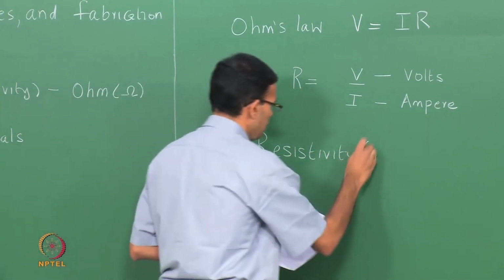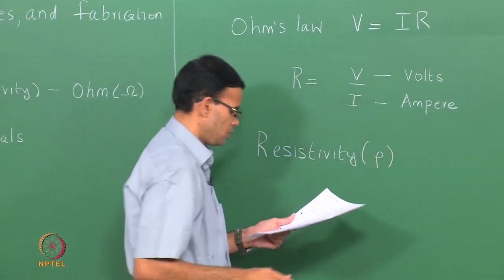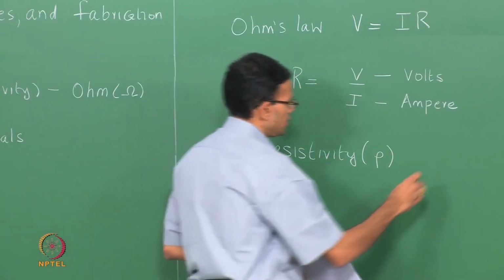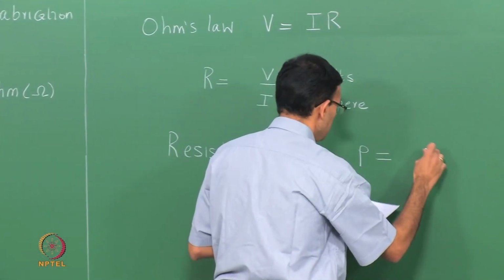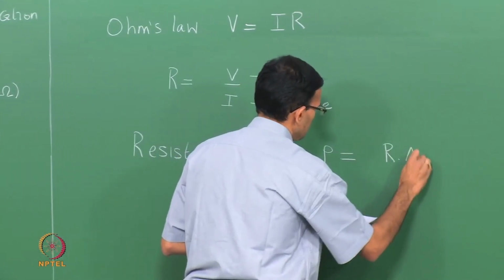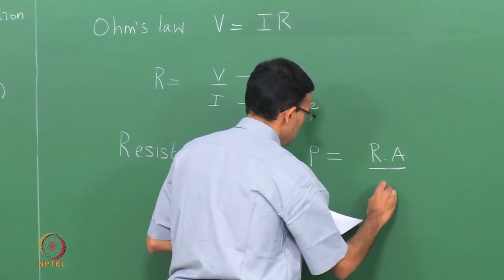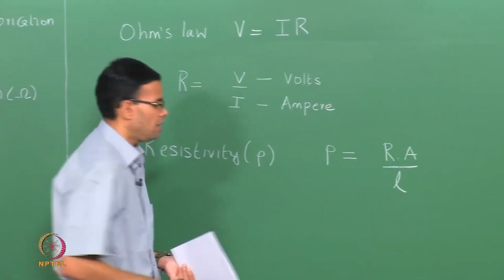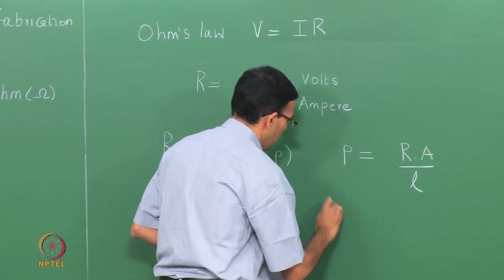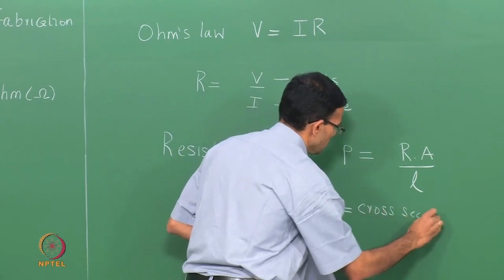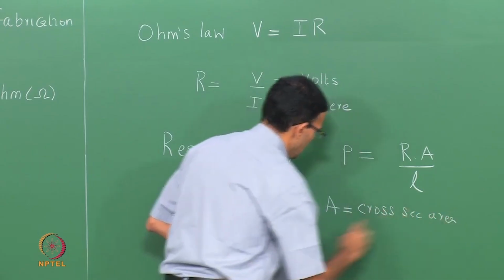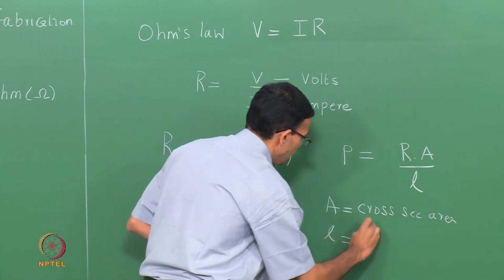Resistivity is typically given as rho, and it is related to the resistance by, where R is the resistance, A is the cross sectional area, and L is the length of the sample.